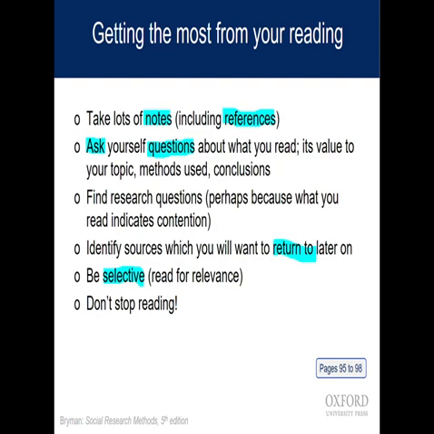But one advantage of Google Scholar is it'll tell you how many other people have cited that paper, have used that paper in their own literature review, in their own papers.